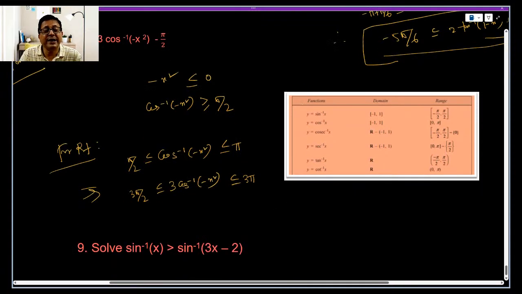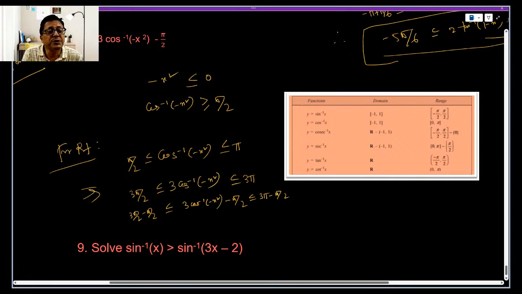So now just take minus pi by 2 on both sides. 3 cos inverse of minus x square minus pi by 2 lies between 3 pi by 2 minus pi by 2 and 3 pi minus pi by 2.